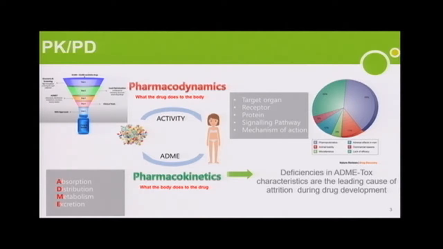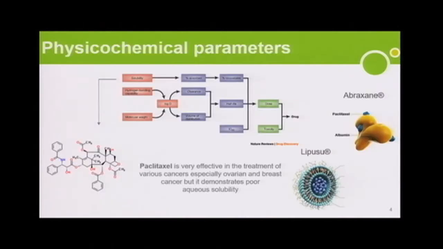Very interesting is to say that normally deficiencies in ADME-tox characteristics or profile are the leading cause of attrition during drug development, as this morning Ivana described very well, because it's true that normally the pharmaceutical companies start from 10,000 to 20,000 molecules, and then they filter after a lot of assays and tests, and they arrive to the ADME in order to describe the absorption, distribution, metabolism, and excretion of a molecule.